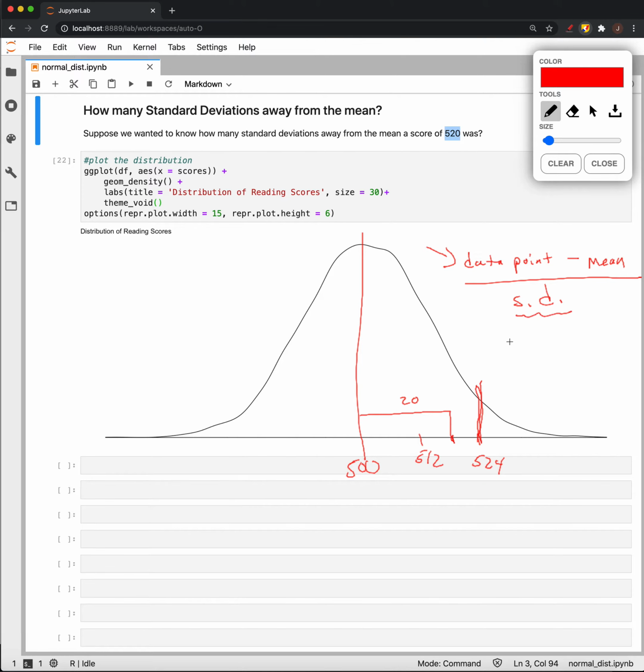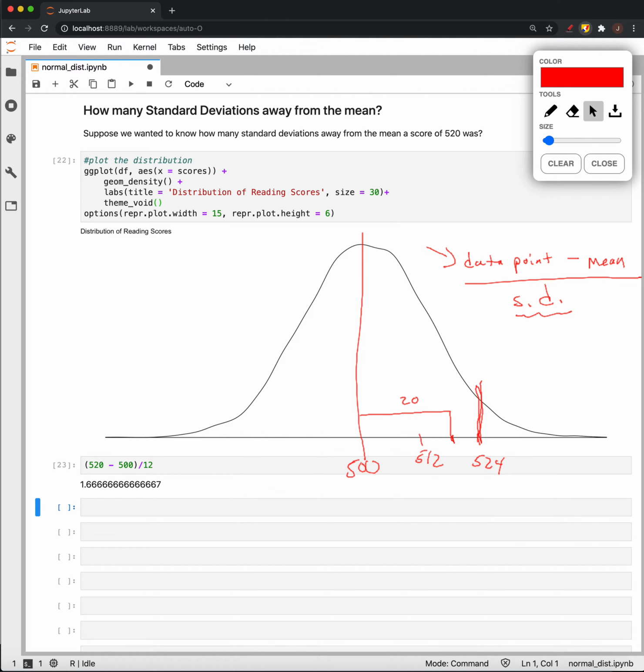So for us, we can just do that with a quick calculation: 520 minus 500 divided by 12 is 1 2/3, essentially 1.67. And that should make sense, that this data point of 520 is about 1 2/3 standard deviations away from the mean.